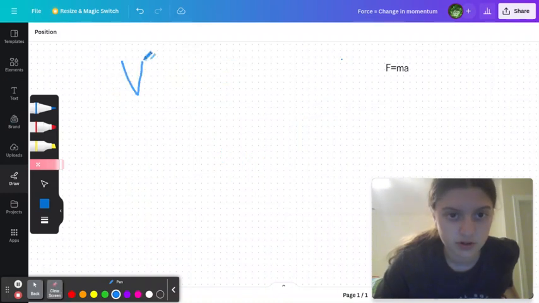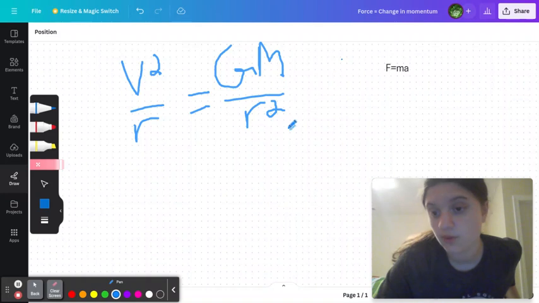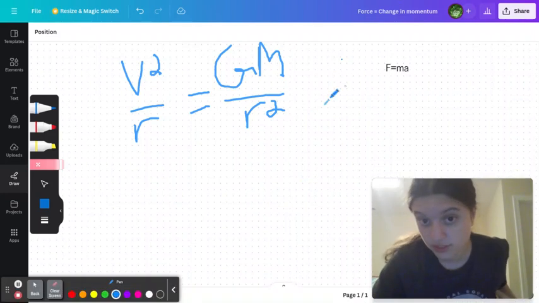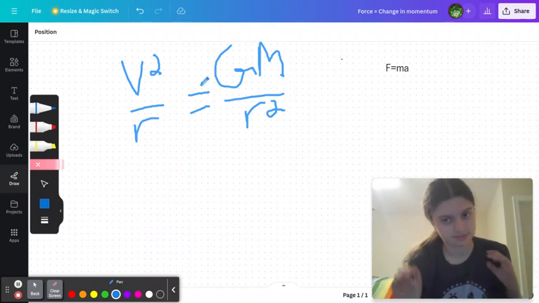V squared over r equals gm over r squared. Now what I'm doing is isolating velocity because that's the thing I'm focusing on here. Because honestly, this m and this g, you don't notice it.